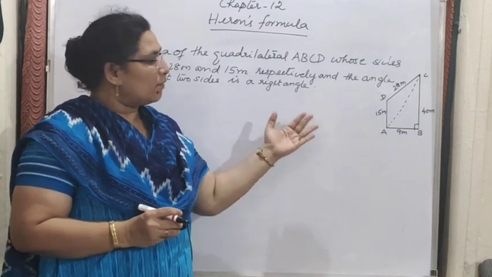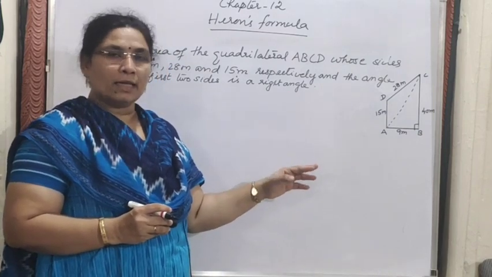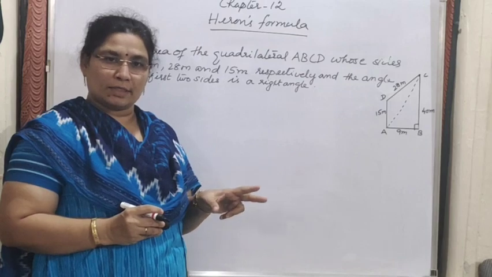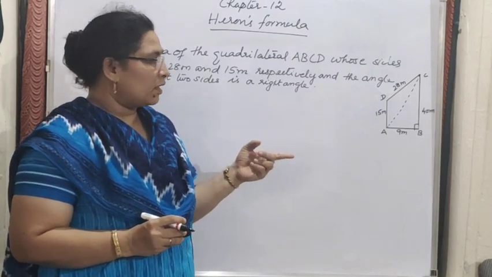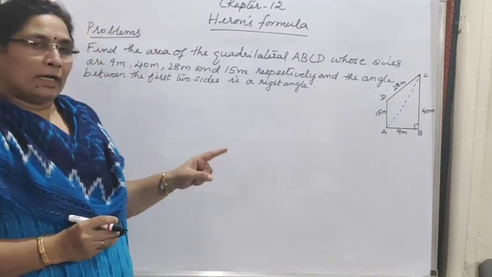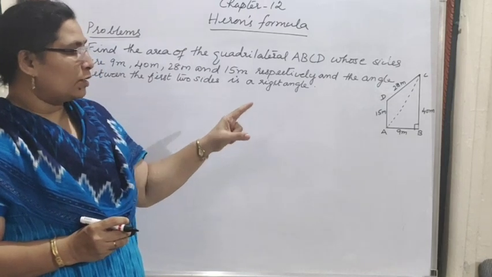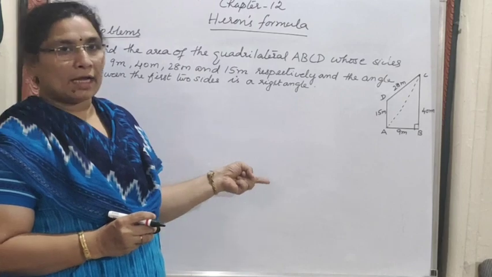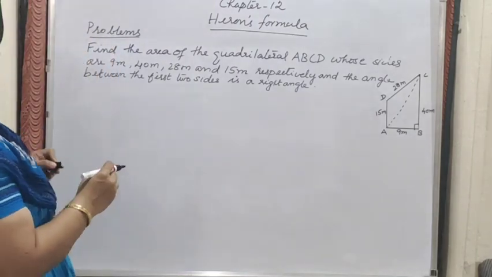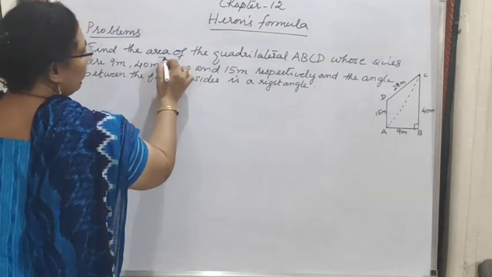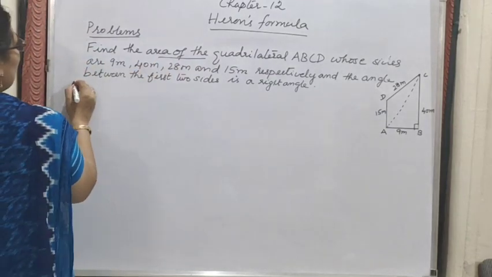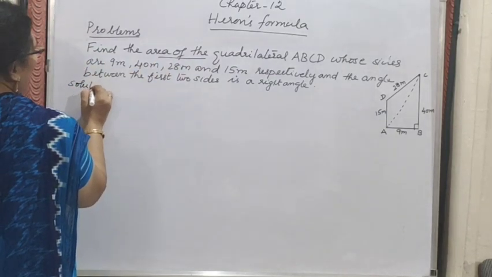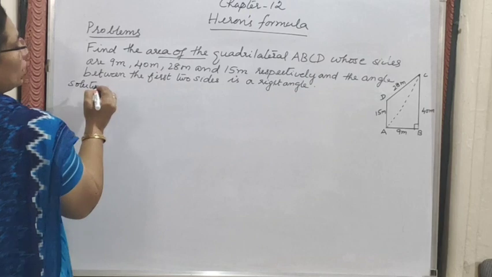How to do that? We join one of the diagonals, then the quadrilateral is divided into two triangles. In this figure you can see that quadrilateral ABCD is divided into two triangles, triangle ABC and triangle ADC. I'll write here, because we find the area of the quadrilateral. What is given in the question I should write first.